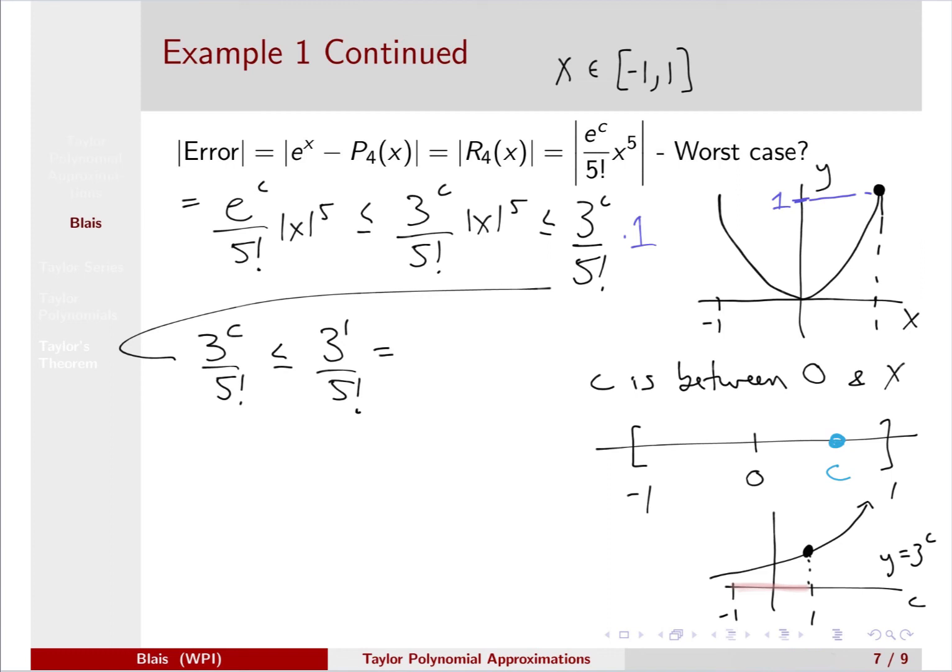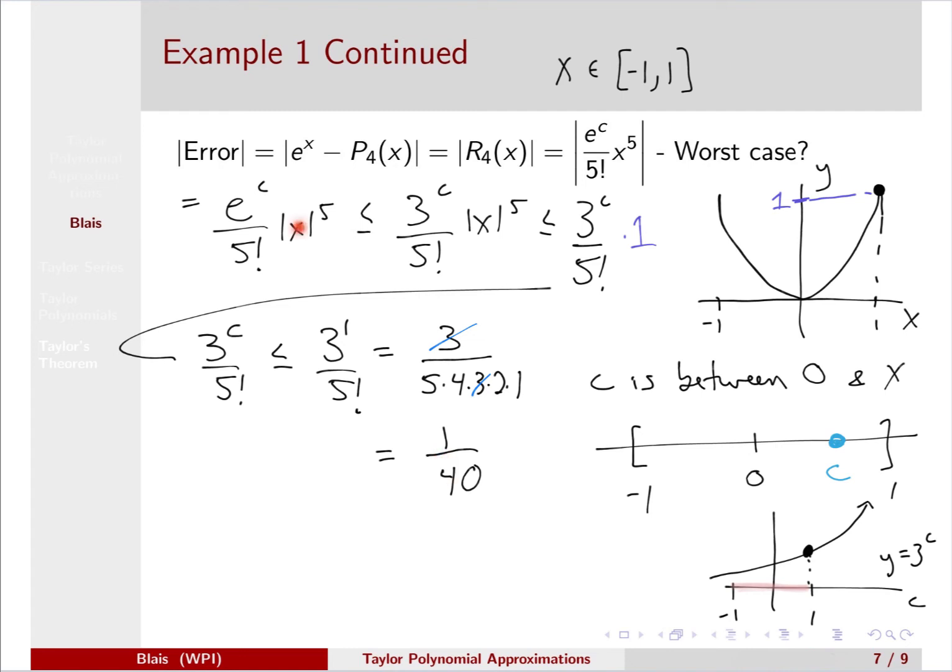And this, we can write out some of that factorial. 5 times 4 times 3 times 2 times 1. The 3's cancel, and we see that this expression is equal to 1 over, we have 5 times 4 is 20 times 2 is 40. So we know when we use this 4th degree Maclaurin polynomial to approximate e to the x, the worst possible case for our error is 1 over 40.